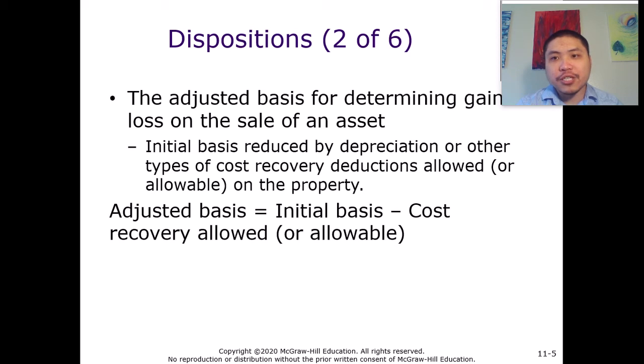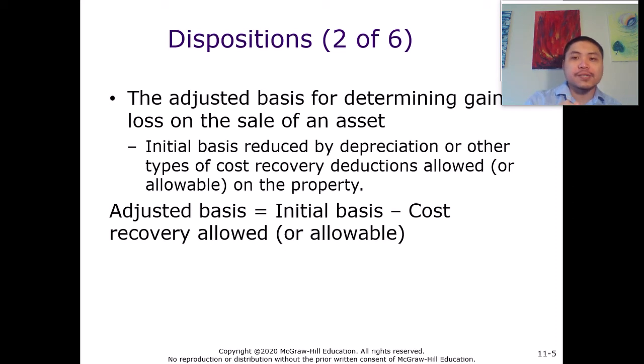They have to use adjusted basis to figure out the gain or the loss. So let's say adjusted basis at the beginning of year 3 is $8,000, and then they sell the machine for say $9,000. They're going to recognize a gain, so $9,000 subtract $8,000 of adjusted basis.